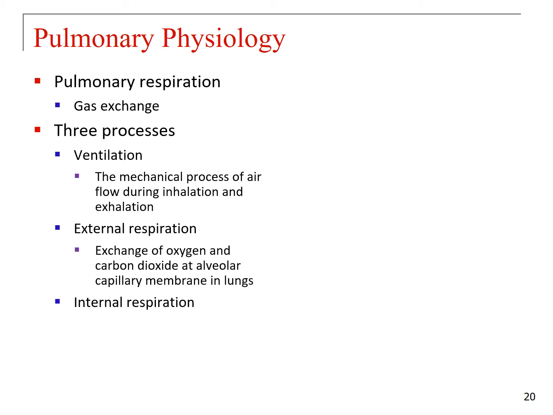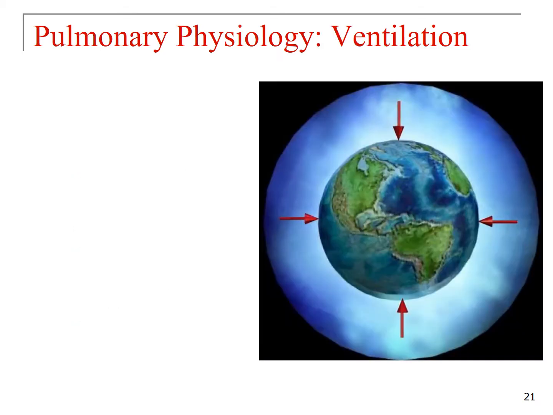And the third is internal respiration, where you have the exchange of oxygen and carbon dioxide at the tissue level. So this is after the blood transports the oxygenated red blood cells to the tissues. And so again, in this video, we're going to be examining ventilation, and in the next video, we'll look at external and internal respiration.